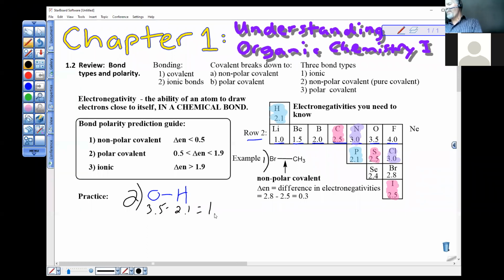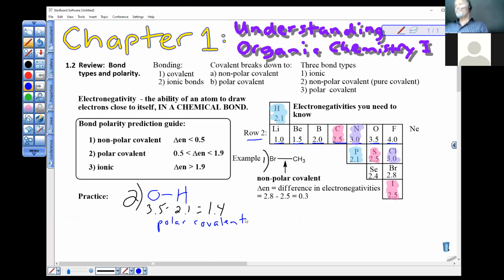The difference is 1.4. And that definitely is in the range of between 0.5 and 1.9. So yes, OH, as suspected, is a polar covalent bond. And it's a very common bond in organic chemistry.